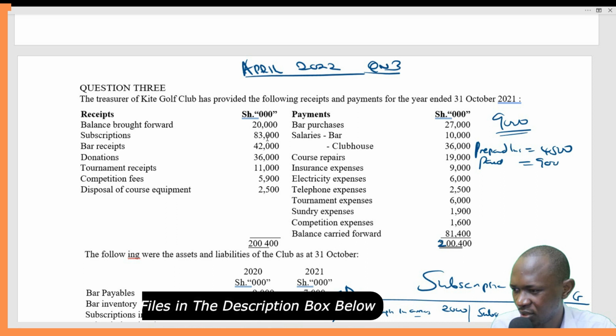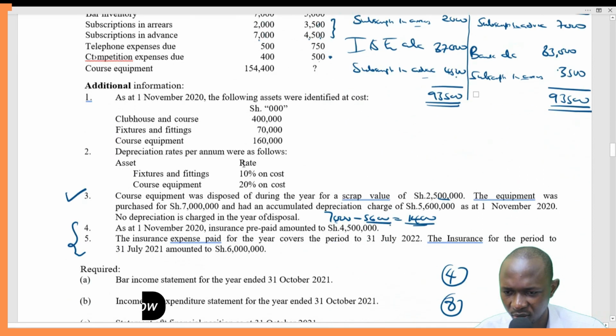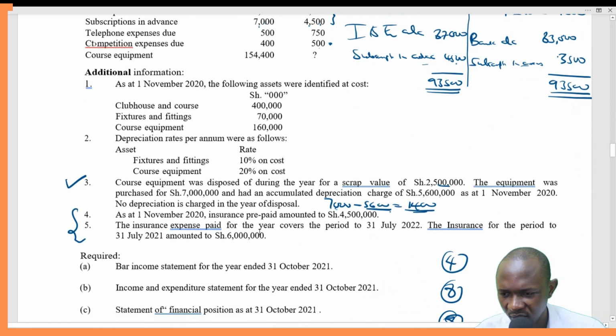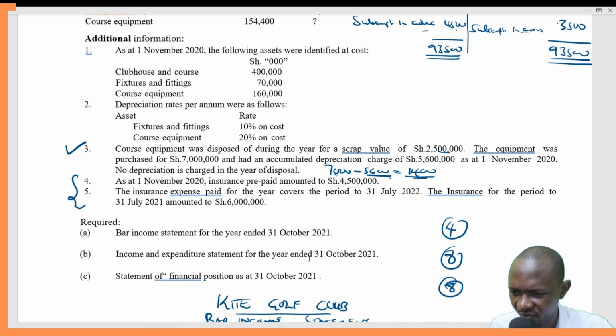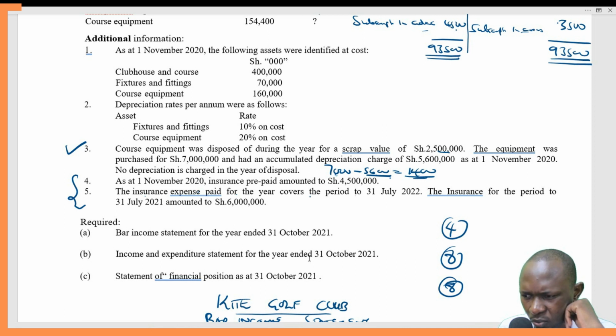Then the paid insurance, as you can see from here, this is payments. Paid is 9,000. This insurance expense paid for the year covers the period to 31st July 2022, and we are supposed to come up with a statement up to 31st October 2021. The insurance for the period to 31st July 2021 amounted to 6 million.